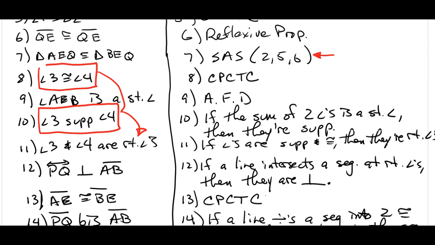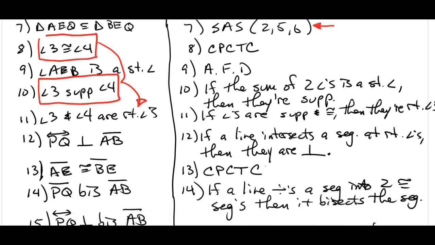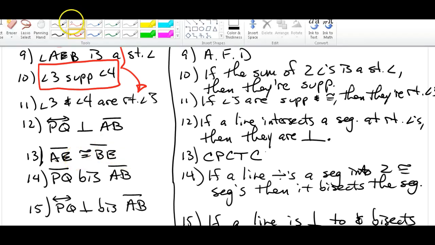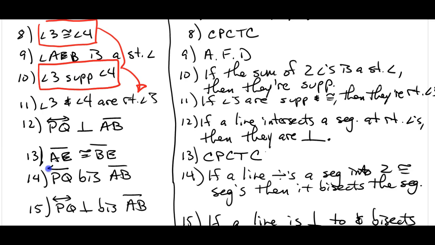Then I need to get that it bisects. So I'm going to use CPCTC to get that AE and BE are congruent. And once I know these are congruent, I know that line PQ has bisected segment AB. If a line divides a segment into two congruent segments, then it bisects it.